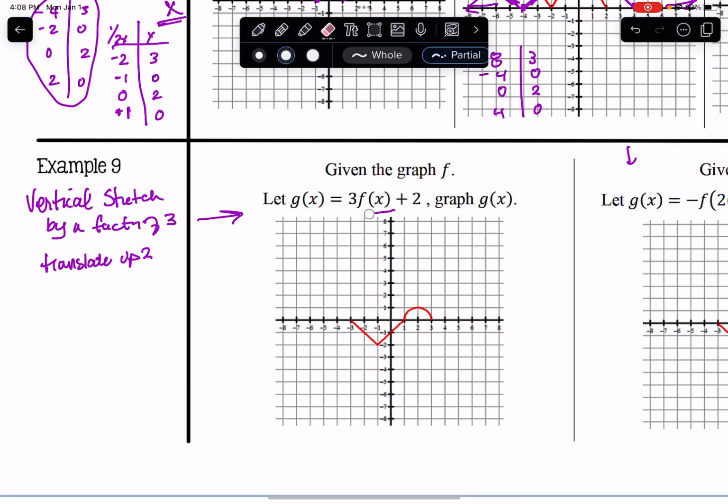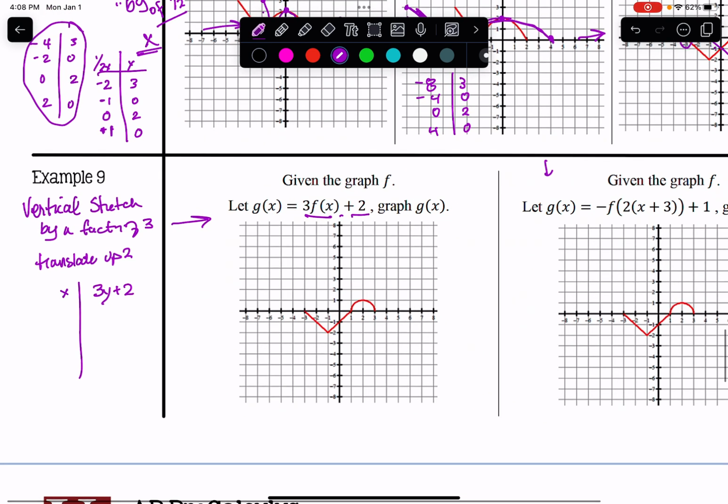Both of those affect y, right? This affects y and that affects y. So really what's happening is my y becomes 3 times y plus 2. And I have my original x. Now, let's start, what did we originally have?